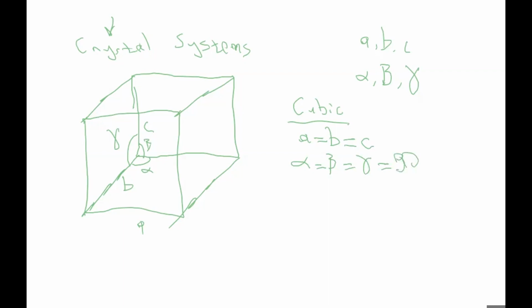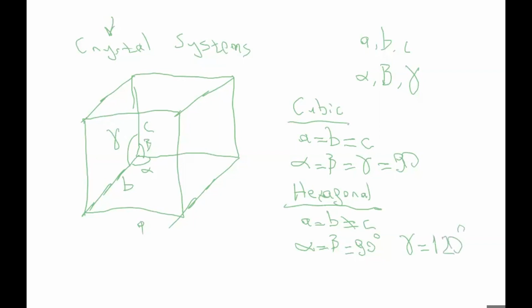Do you remember what other crystal systems we have? Hexagonal? Yes, great. For hexagonal, A is equal to B, and they're not equal to C, and alpha is equal to beta, which is equal to 90 degrees, but gamma is equal to 120.